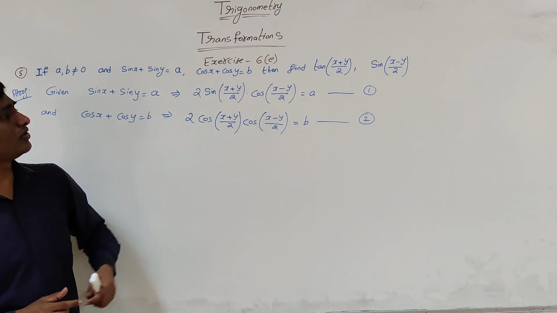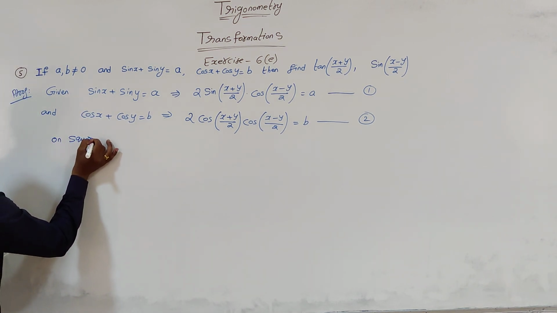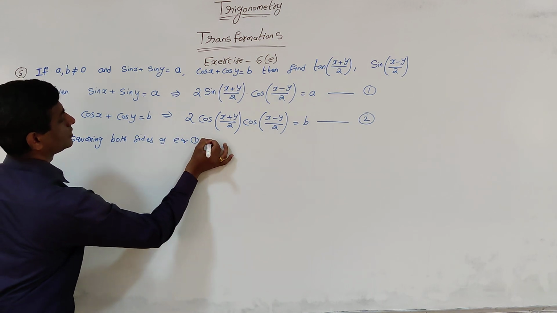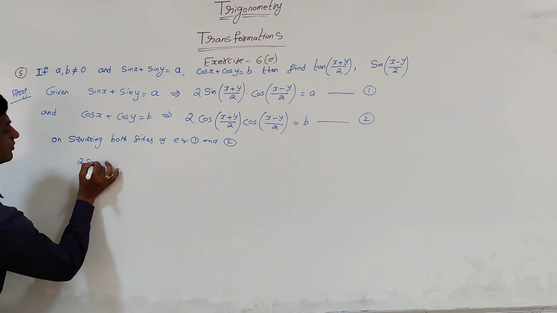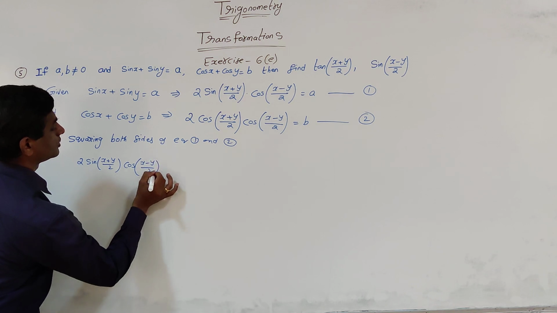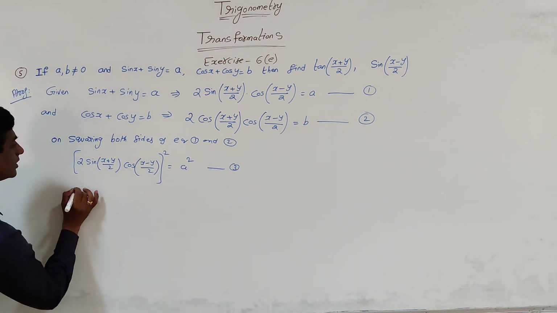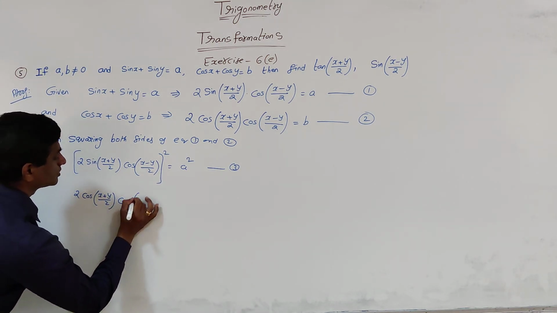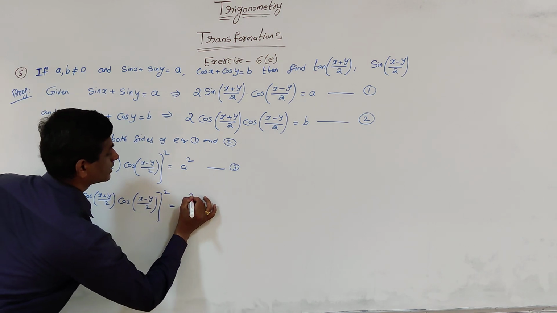On squaring both sides of equations 1 and 2, we get 2 sin of (x plus y) by 2 cos of (x minus y) by 2, whole square, is equal to a square, that is equation 3, and 2 cos of (x plus y) by 2 cos of (x minus y) by 2, whole square, that is b square, equation 4.